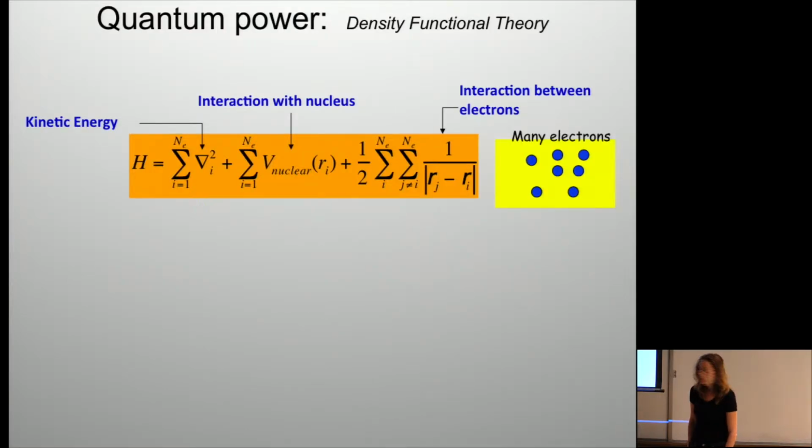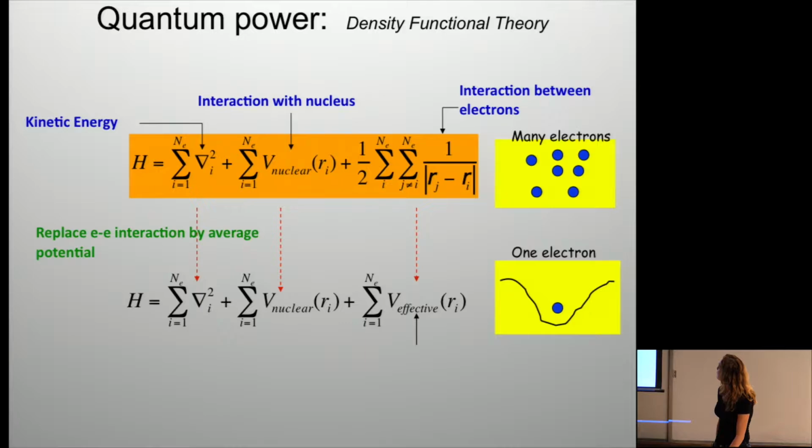And the way that density functional theory does it is it basically takes the electrons in the form where they all interact with each other through very complicated interactions and casts it into a 1-electron problem. It takes all the electrons and we create a potential from all those, and every single electron moves in the potential from the other electrons.